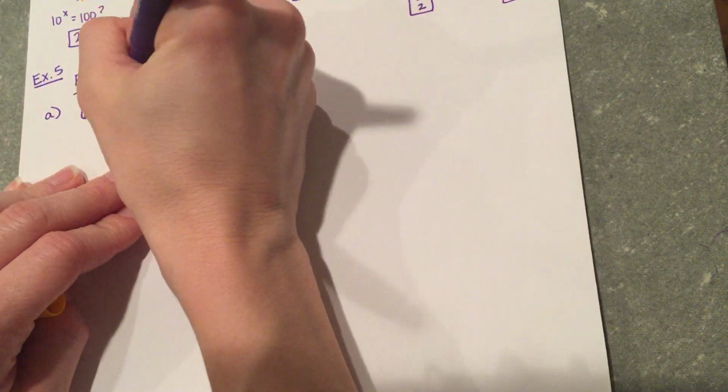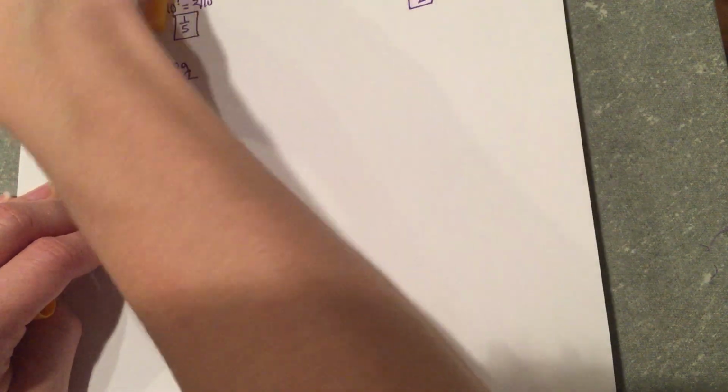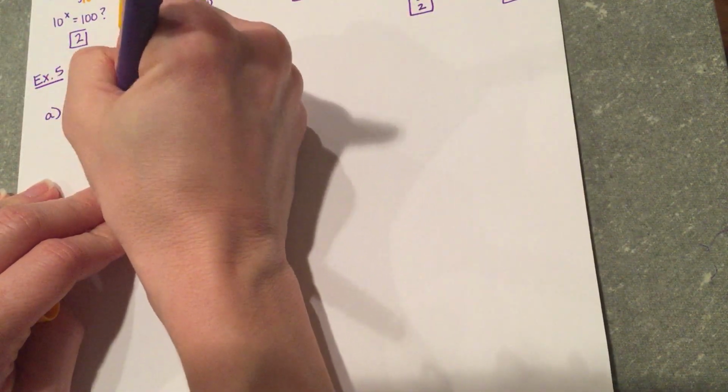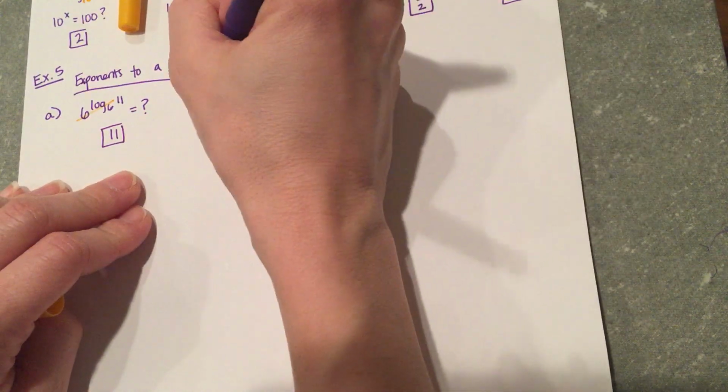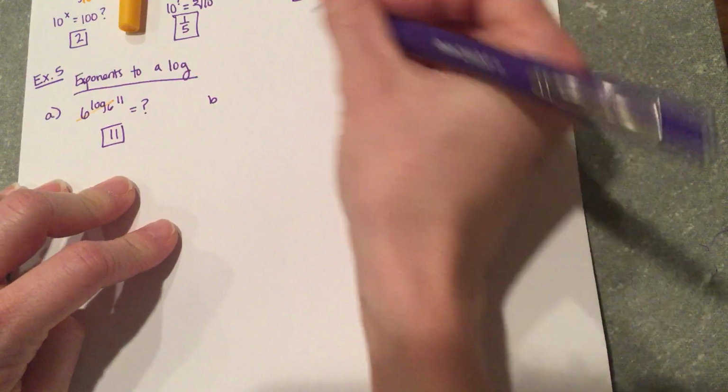We want to know what that equals. The 6 and the log base 6 cancel. Our answer literally is just 11, because remember, exponentials and logs are inverses, so they cancel each other out.